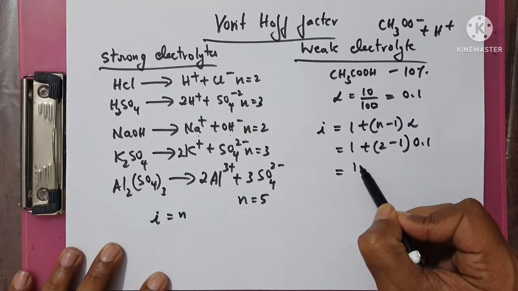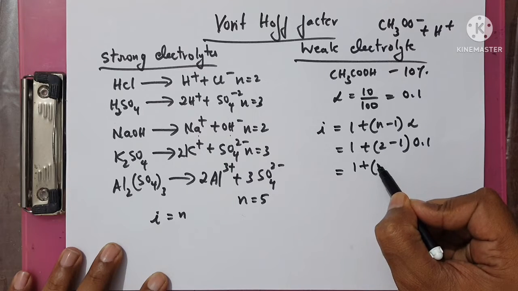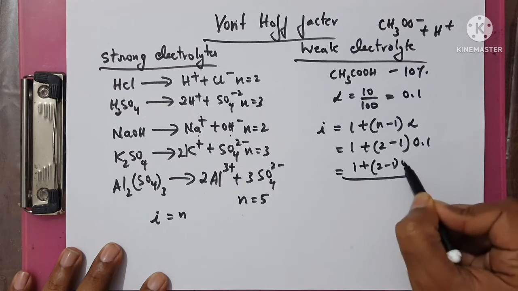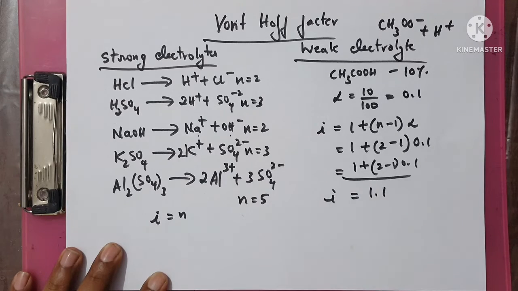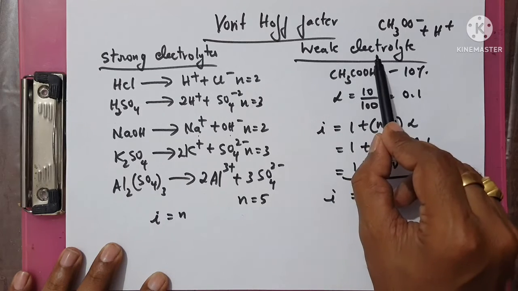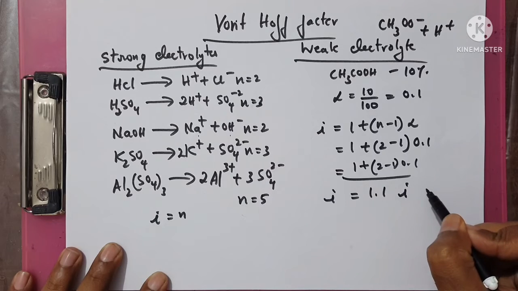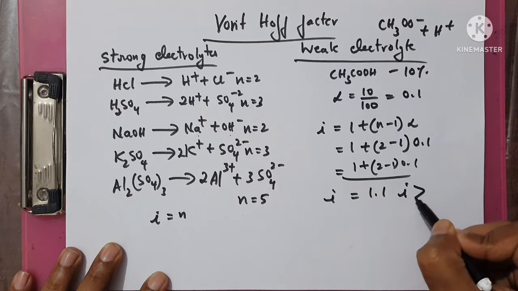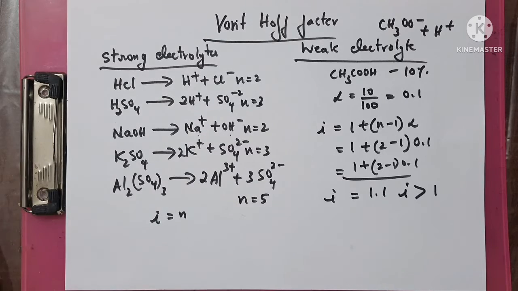That is 1 plus 2 minus 1. When you simplify this with 0.1, you will get a value of 1.1. i is equal to 1.1. Therefore, whenever there is a weak electrolyte like acetic acid, always remember the i value will be greater than 1. Hope you have understood this part.